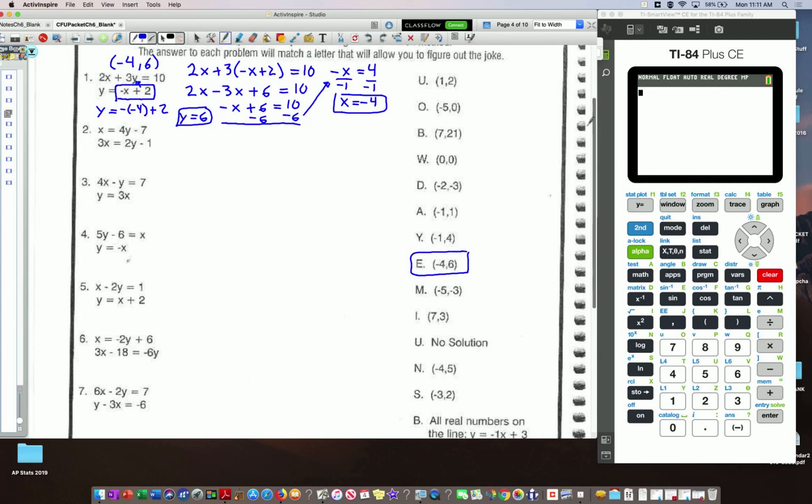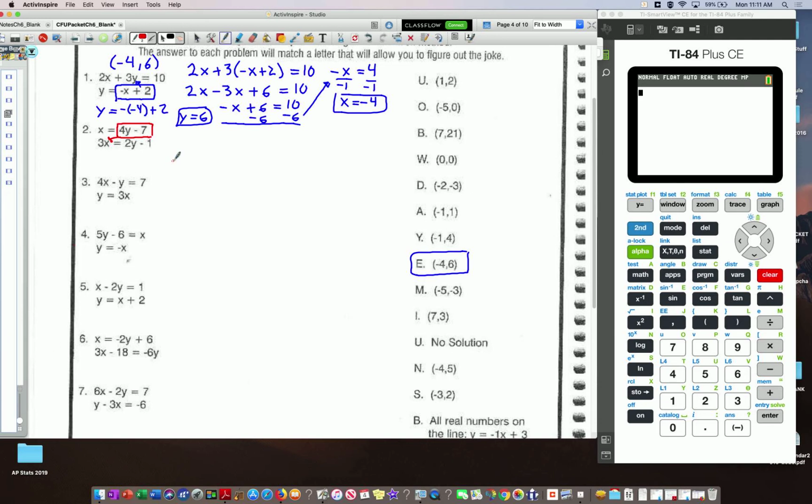All right, continue on and do number 2 here. So number 2, just switching colors. So same process. Excuse me as I cough here. I'm going to take what x equals and plug it into the other equation. Notice how they're not all on the same side. So this one might take a little more work.